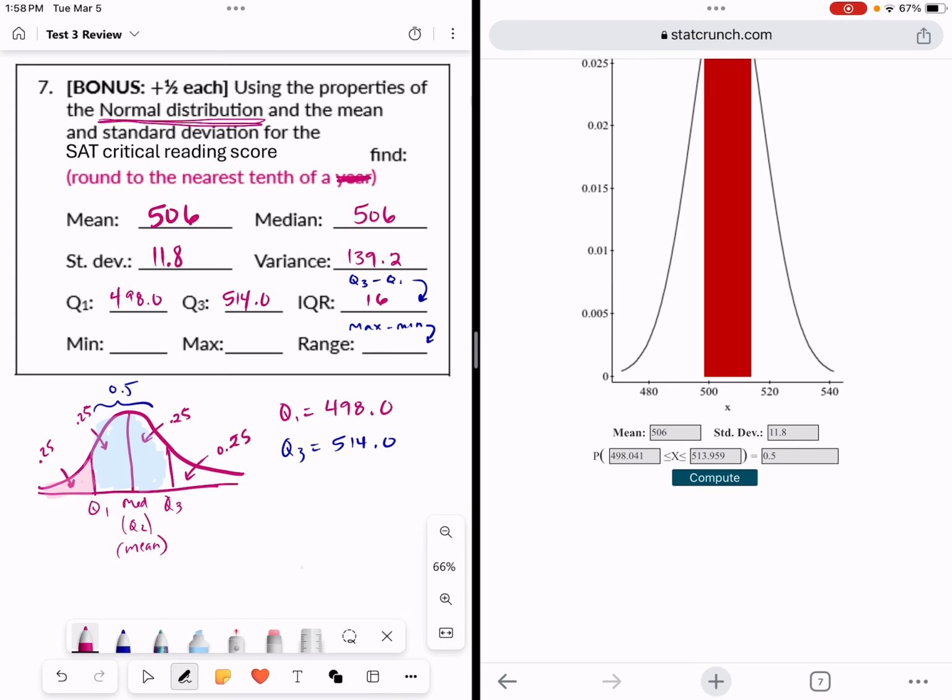And then for this last row, remember, this is the minimum and maximum and the range in quotation marks based on the min and max usual values. So remember that the min and max usual values are the numbers with the middle 95%.